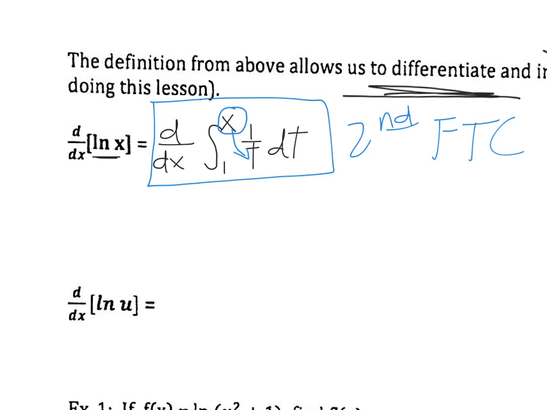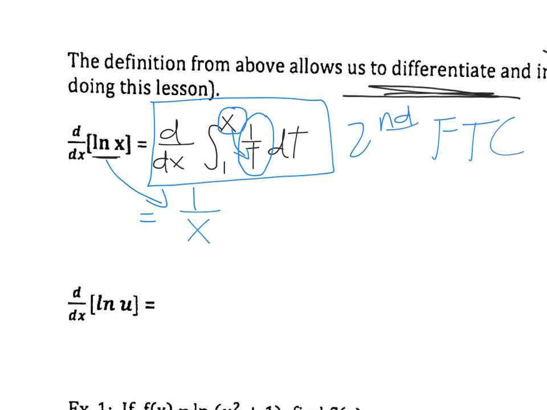When we take the derivative of this integral, we get the function just in terms of x, 1 over x. We're using the second fundamental theorem of calculus. When you take the derivative of an integral, you're allowed to take that x and plug it in for the variable. And so essentially, the derivative of ln of x is 1 over x. Pretty easy derivative rule, but that's where it comes from.